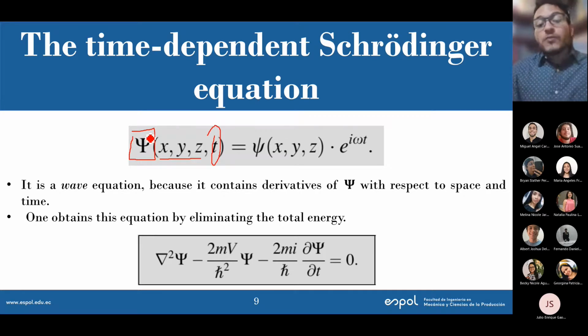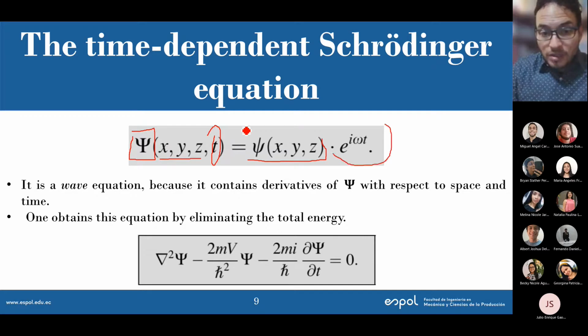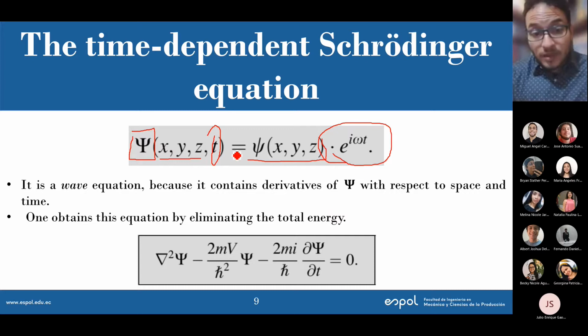And if we were to solve this, and we eventually will do this problem in the tutorial, this just becomes the wave function times e to the i times the frequency times time, right?